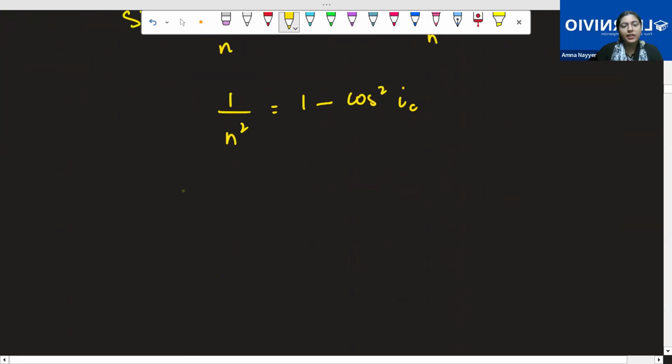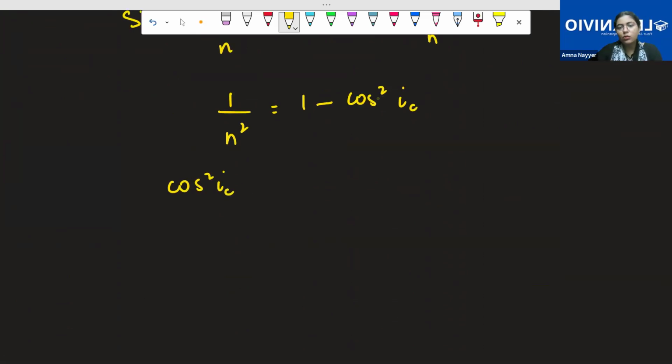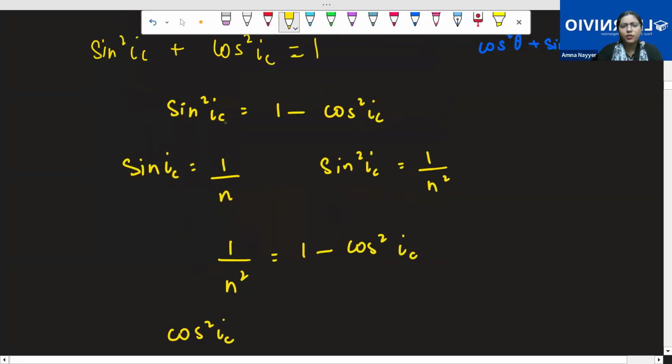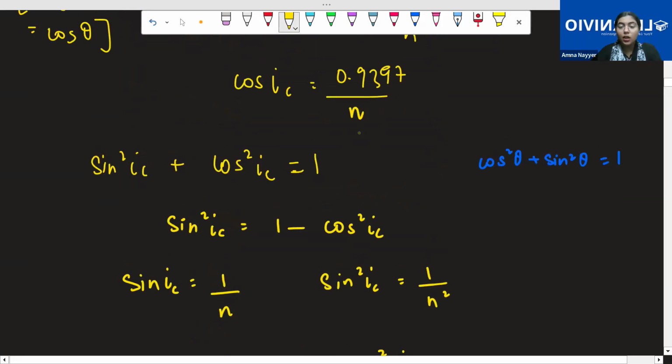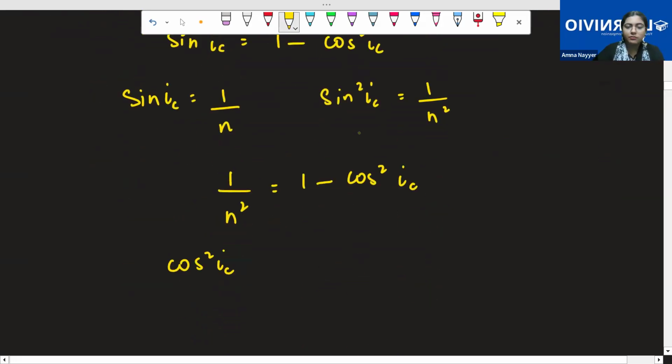So from here, what is the value of cos square IC? Basically, I have equated both of these here. Let me just write it again.